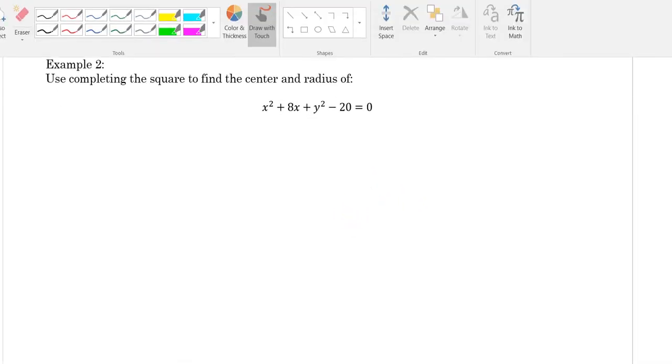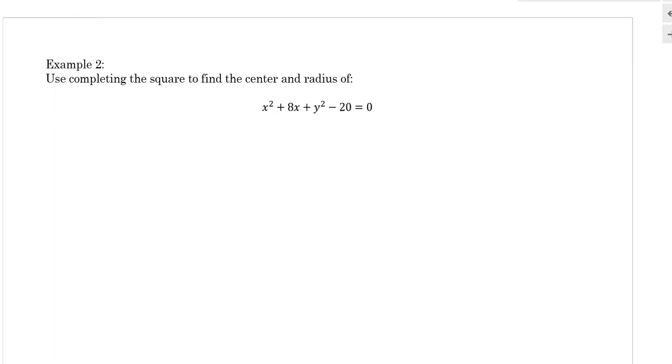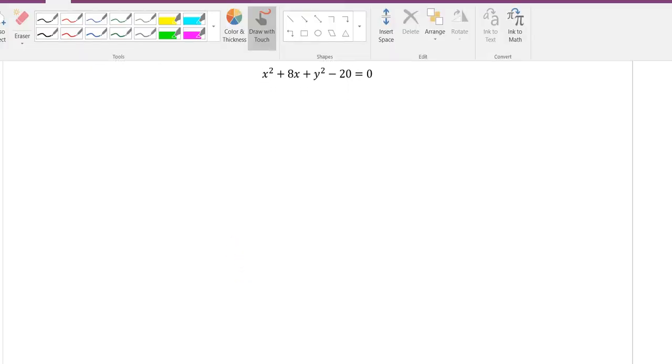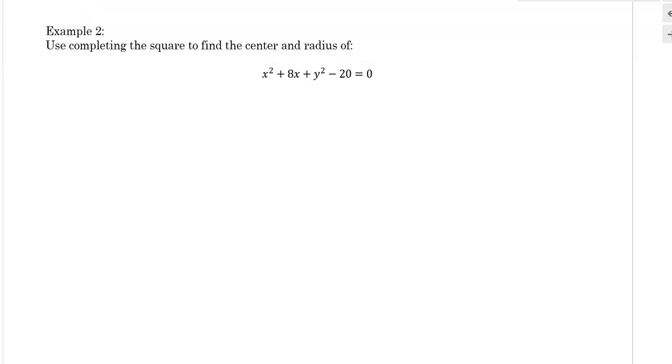Okay. Starting the same way, starting with moving my constant to the other side. So this is subtraction, right? It says minus 20. So doing the opposite, we are going to add 20 to both sides.